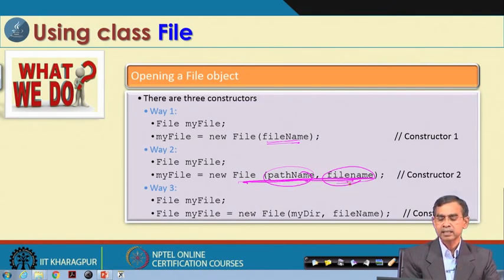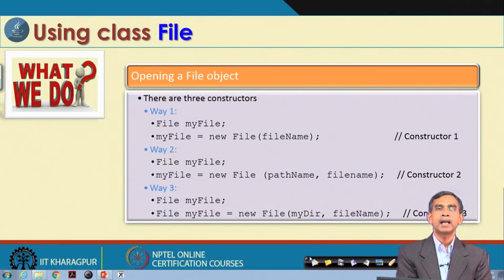So, this is the second constructor, and the third way is very similar to this one. Here, it is in the same working directory, but in a different directory. So, you can specify which is the directory under your working directory and what is the file name. So, these are the 3 constructors by which we can create a file object.